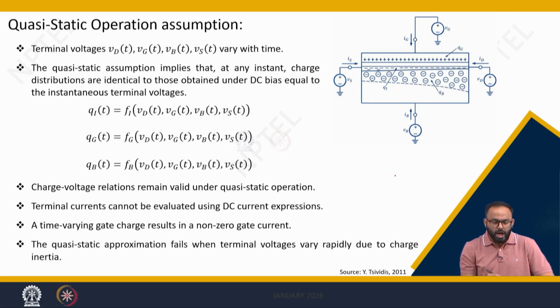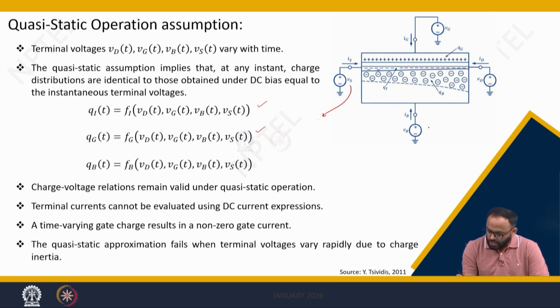Now, let us see how we can relate all the analysis we have done so far for DC to AC analysis, or slowly moving terminal voltages. As I mentioned, when you incorporate these devices in circuits, the terminal voltage will vary. In this quasi-static operation we will assume that the variation of the terminal voltages is very, very small.